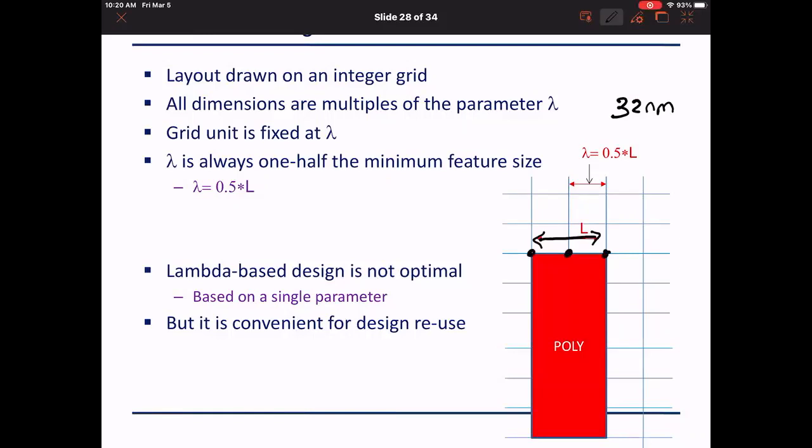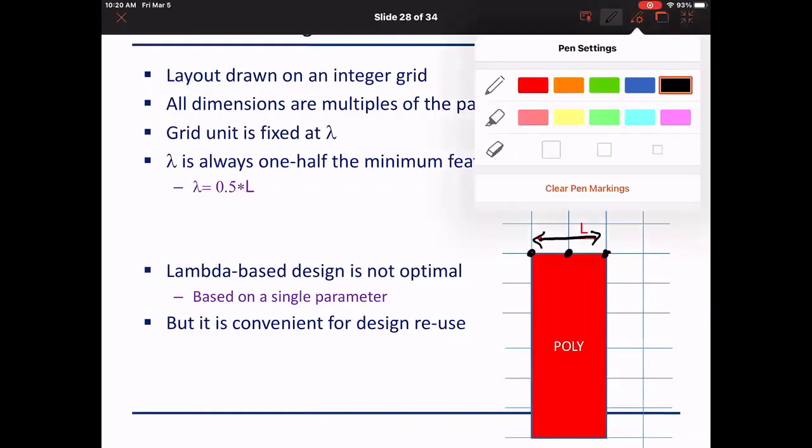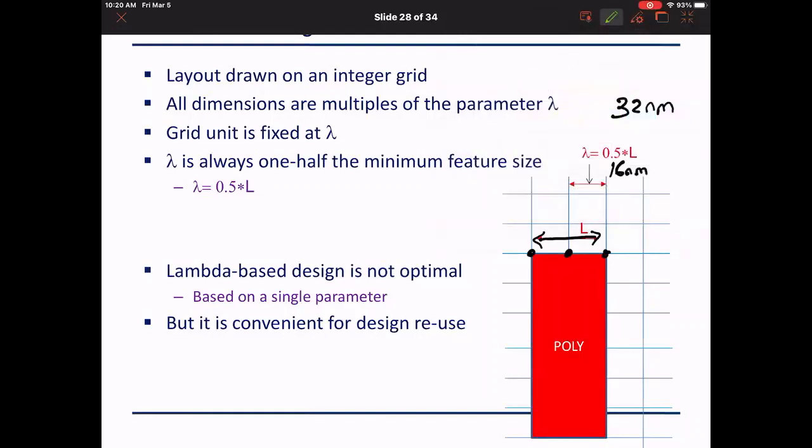Okay. Now, where the grid point is 16 nanometer, if I want to migrate this design to 24 nanometer, I can use the same drawing, the same layout to build the mask, except that I'm going to tell the mask to rescale, such that your grid point is now 12 nanometer.